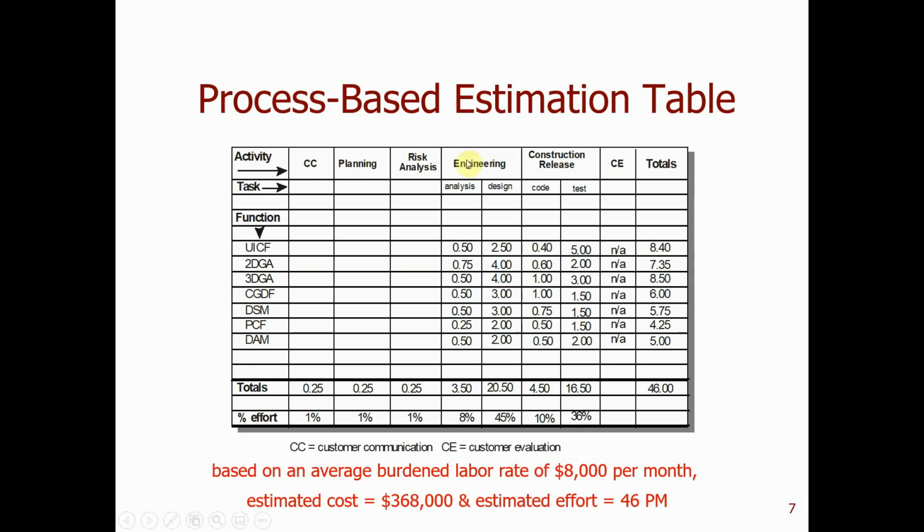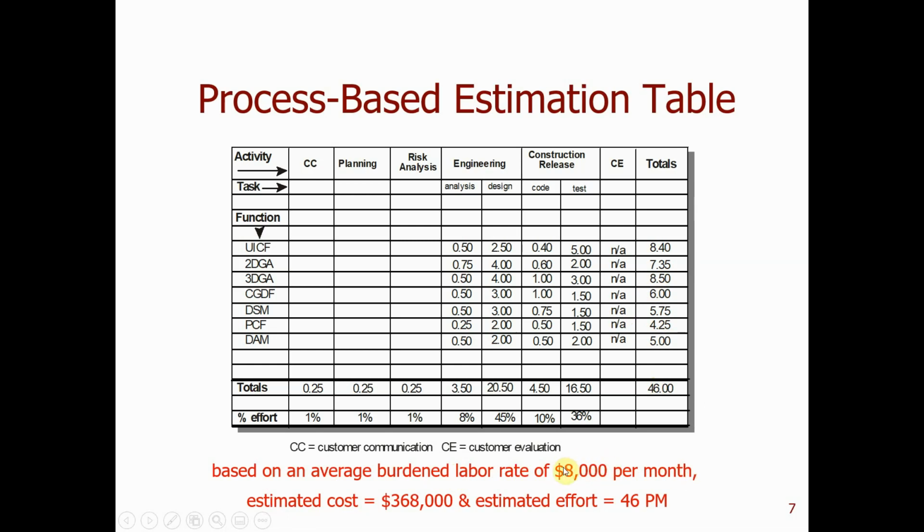Okay. So for each task, we spread it out into the functionality, and we calculate how many total person months they need. In this particular example, we have a total of 46 person months. If your average burdened labor rate is about 8,000 a month, that is about $50 an hour.